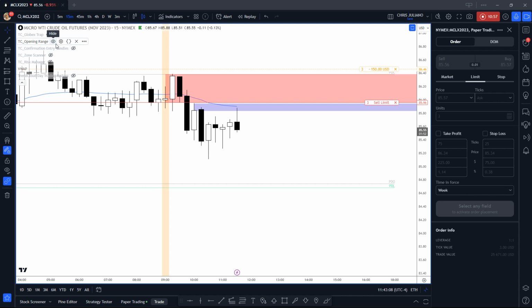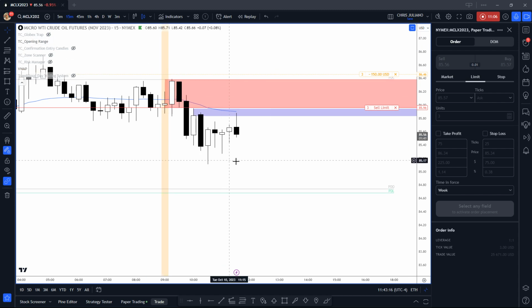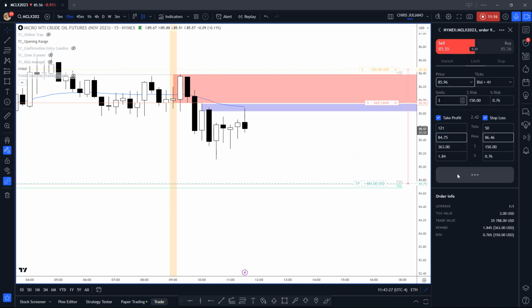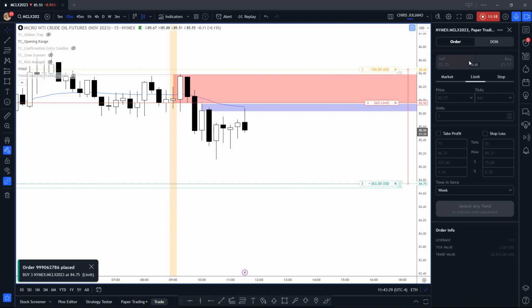That drives me crazy. I wanted it programmed right on the chart for me. So we've got that in our opening range breakout tool. And that's it. So let's see if this trade works out, and hopefully we can make some money back down to these levels of support here.